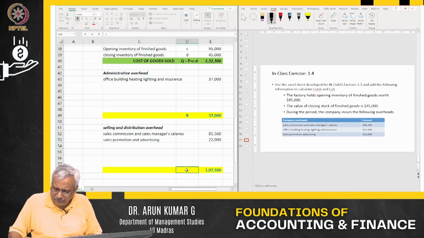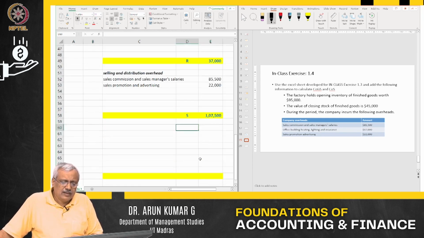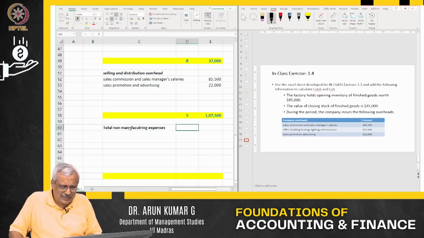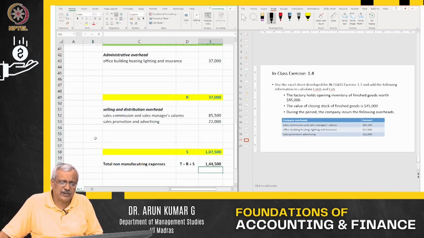Next, what is the total non-manufacturing expenditure? Non-manufacturing expenditure QRST, that is the expenditure which I incur not for manufacturing. Non-manufacturing expenditure is 1,44,500.